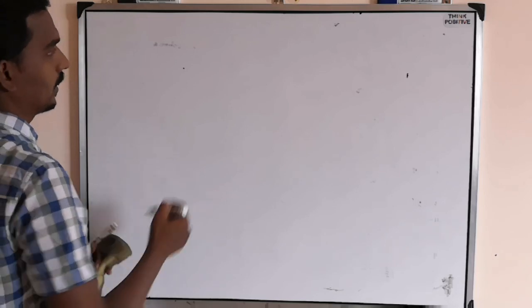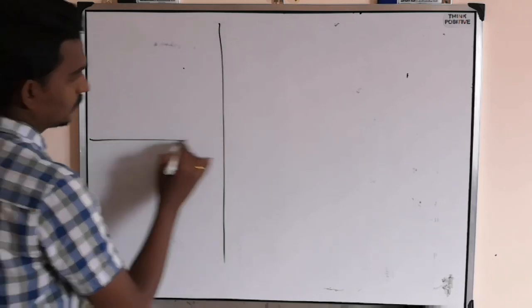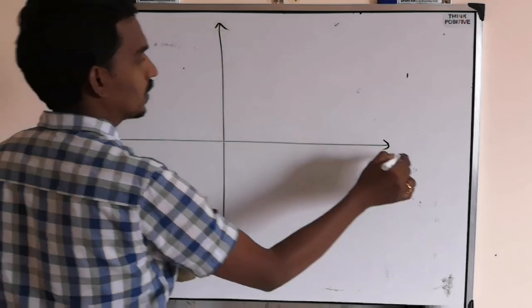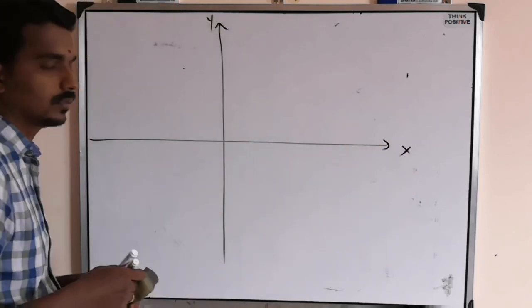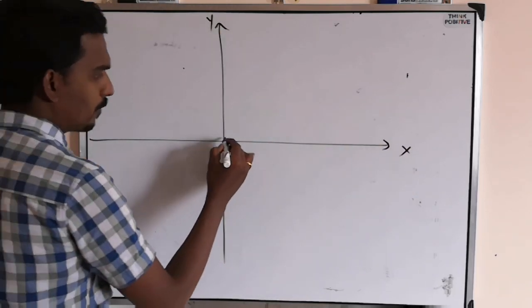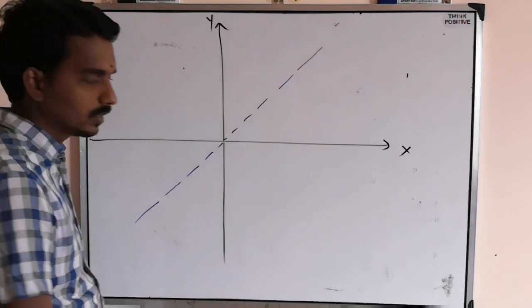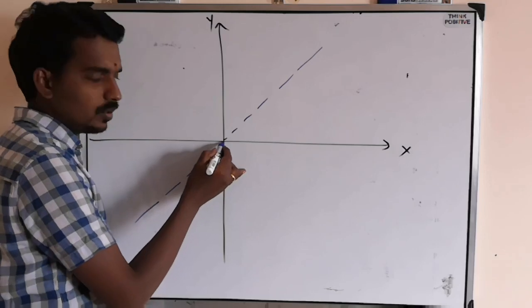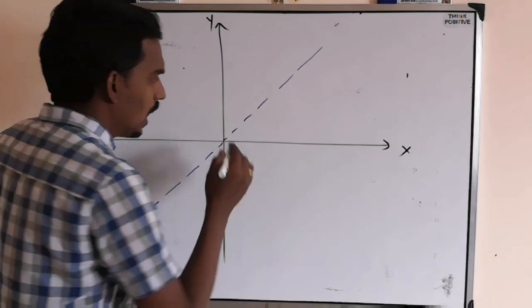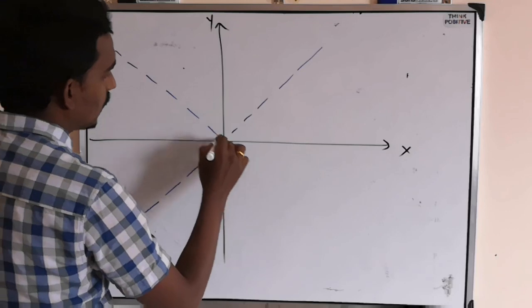First, the straight line. x, y. So the graph may be like this. When x is 0, y is also 0. Or the same thing can also be like this.